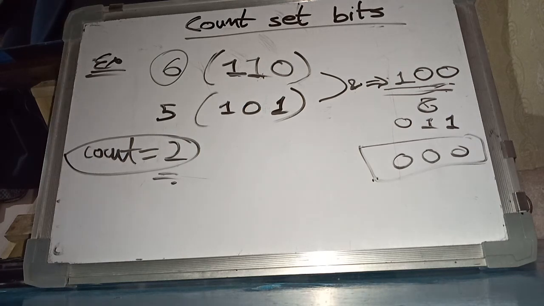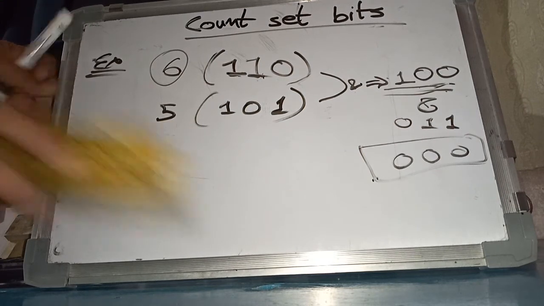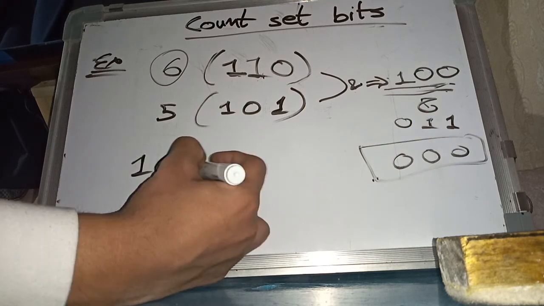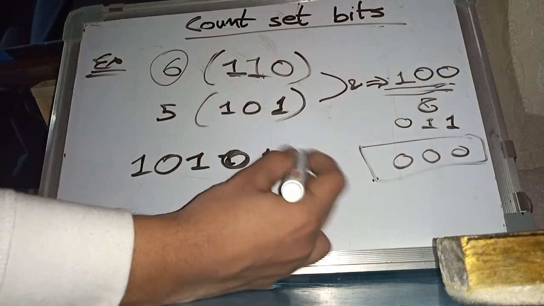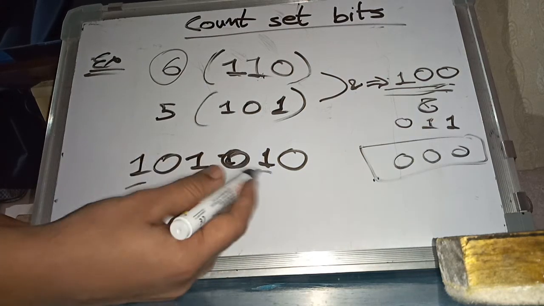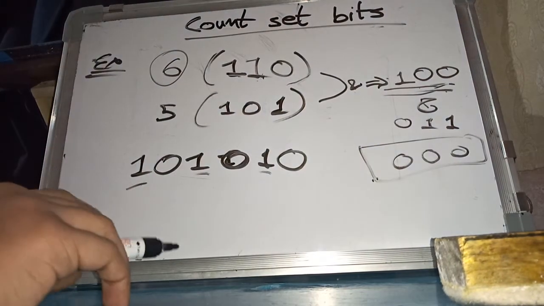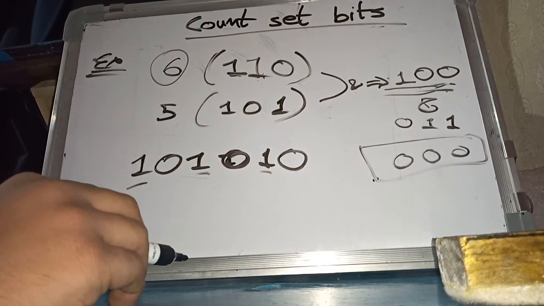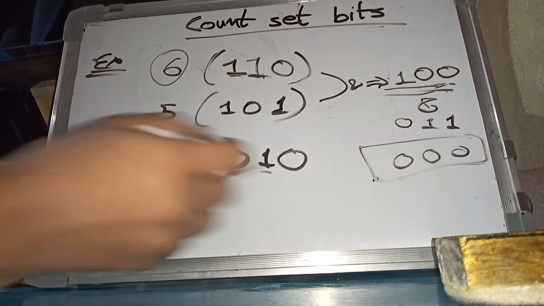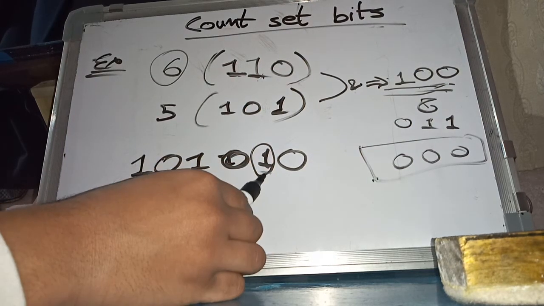So basically what I'm doing in this solution is that if the number contains, say, 3 set bits, then in every iteration of the loop which I'll make in the coding part, I'll be inverting the rightmost set bit of this number.